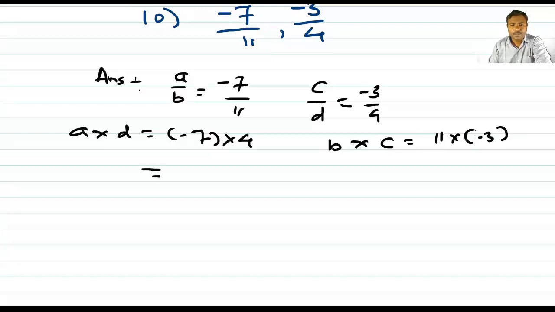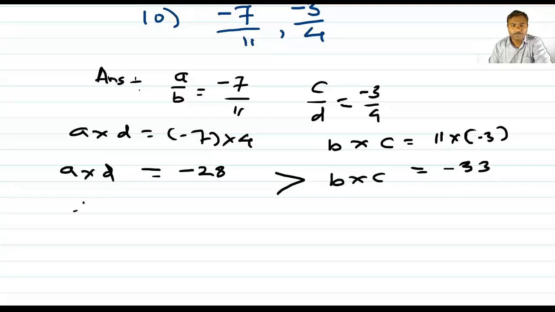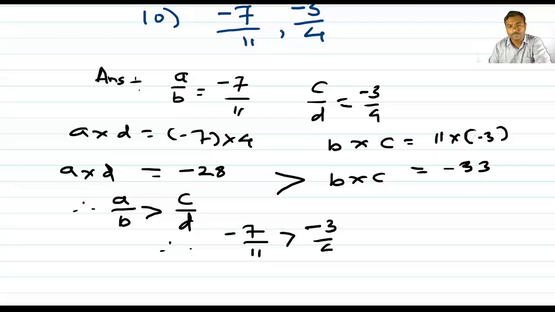Therefore, negative 28 and here is negative 33. We know that negative 28 is greater than negative 33, means A multiplied by D is greater than B multiplied by C. Therefore, A upon B is greater than C upon D. Therefore, we can say negative 7 upon 11 is greater than negative 3 upon 4.